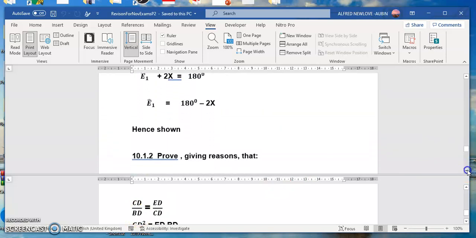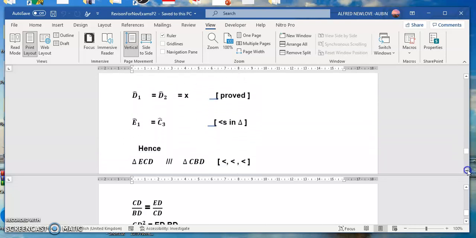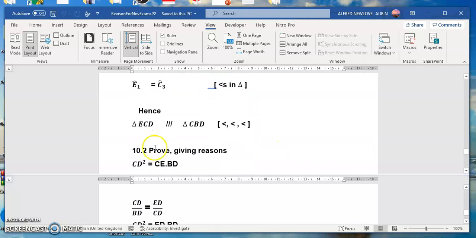In the question, they want this one. CD must be there, BD must be there. So at least I have BD, I have CD. The issue is CE, which we will find out.